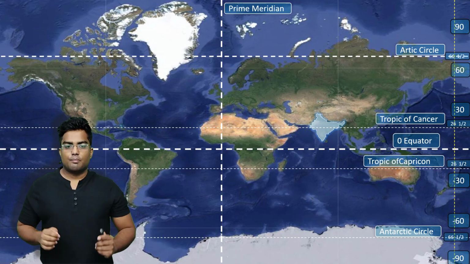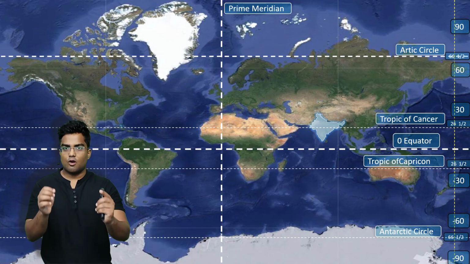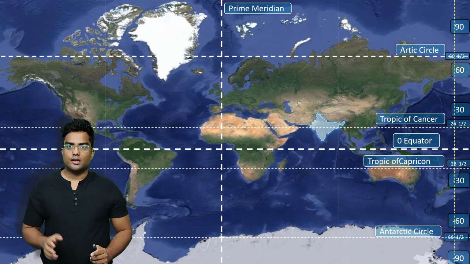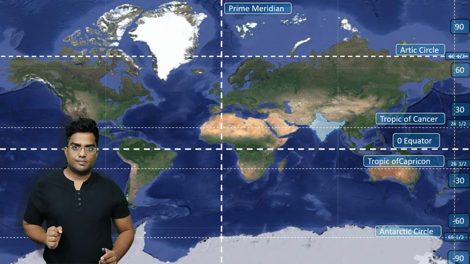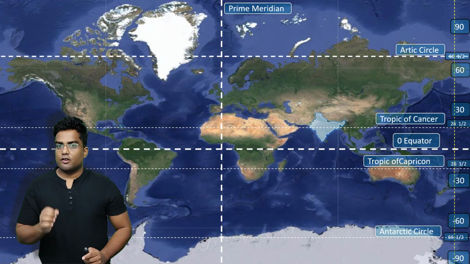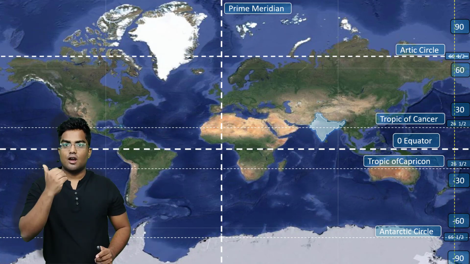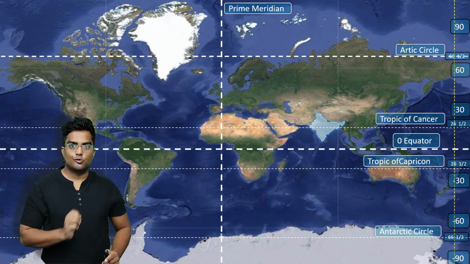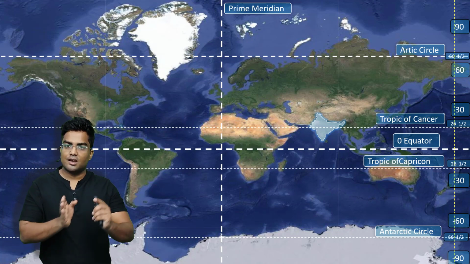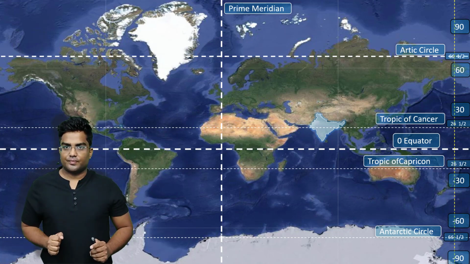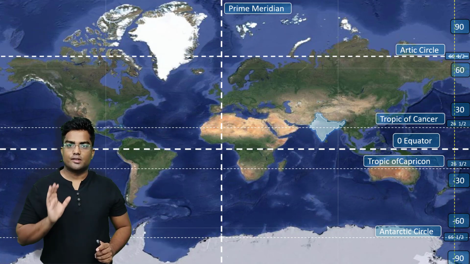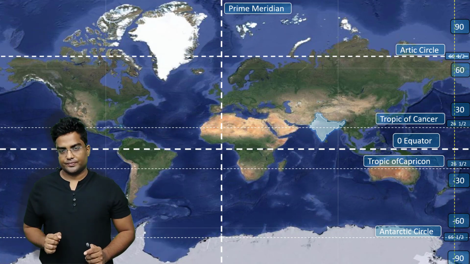So you can see a pattern here. That's how the lines are measured in terms of degrees as well as minutes. Once again, let me repeat, we are not going to focus on how latitude and longitude work. We will deal with that in the next chapter. For the time being, we are only interested in the location of India.